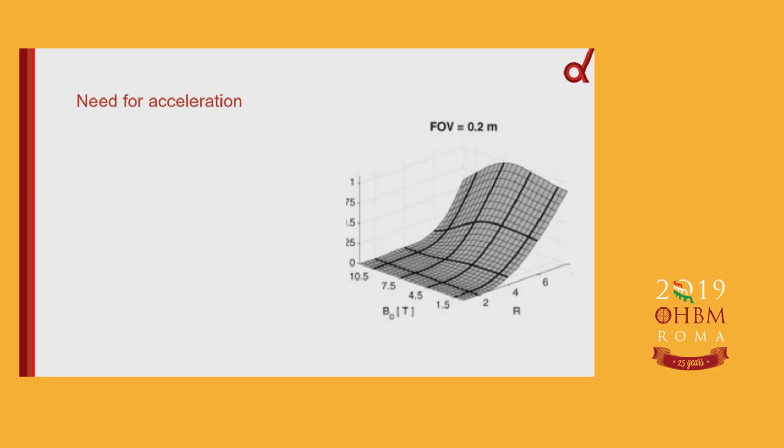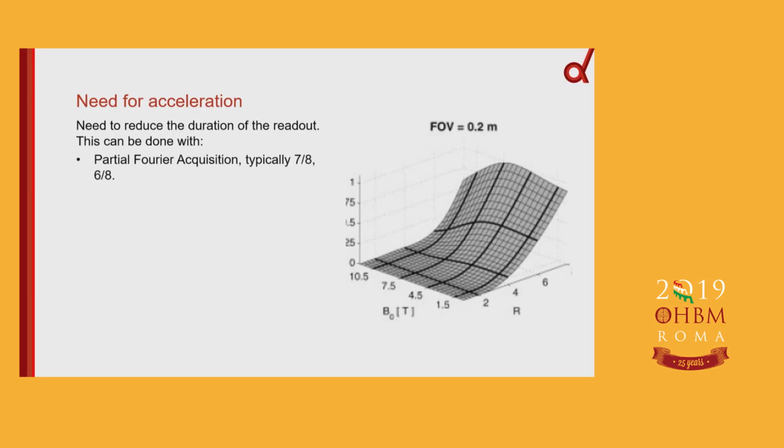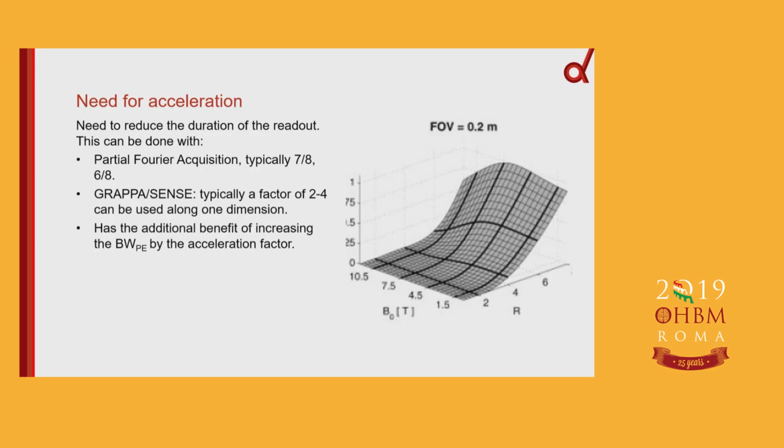So we're going to have to speed up. And what can we do? Well, you can put in partial Fourier, which almost everybody does, 7/8, 6/8. You can use GRAPPA or SENSE, right? Partial parallel imaging. And this has the nice effect of reducing your distortion, right? Because you skip phase encoding lines. Very nice.